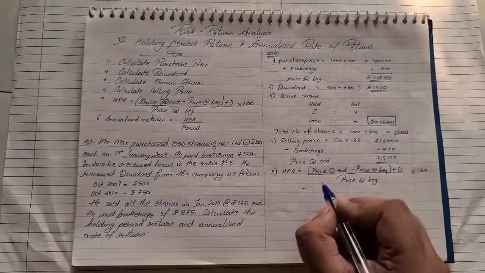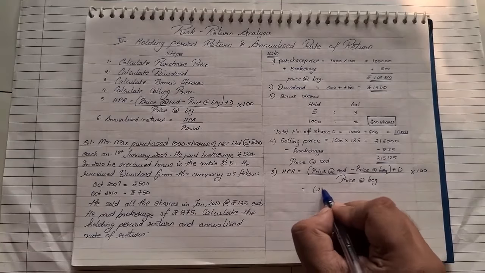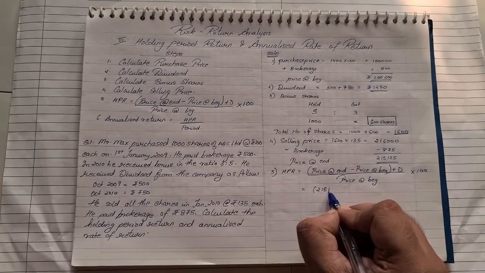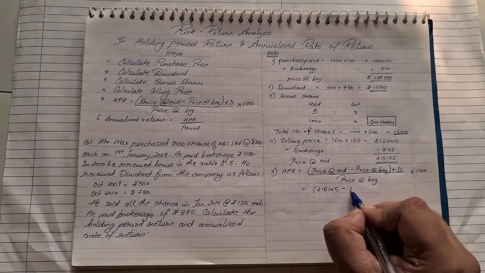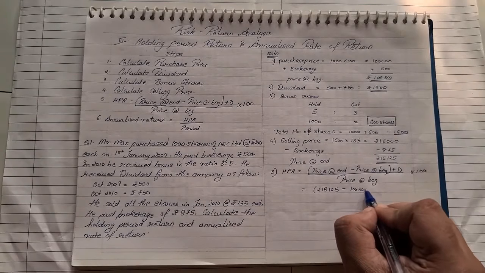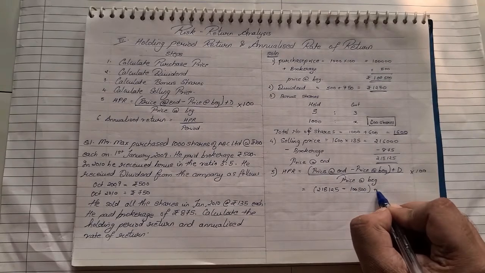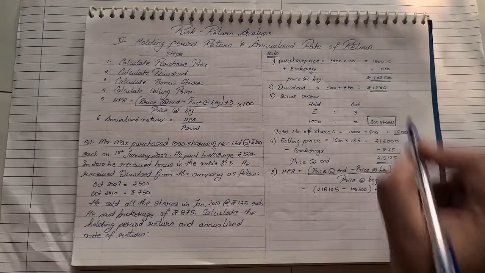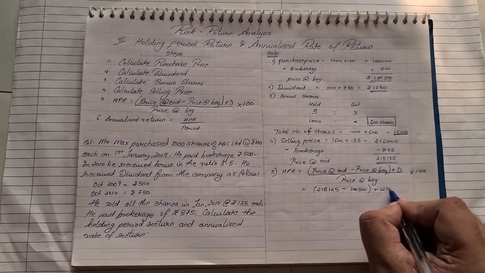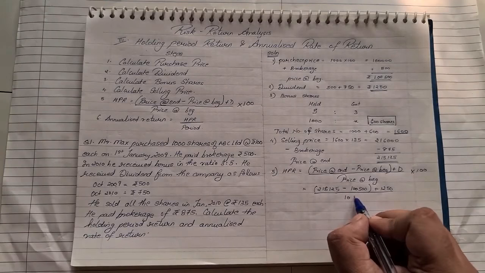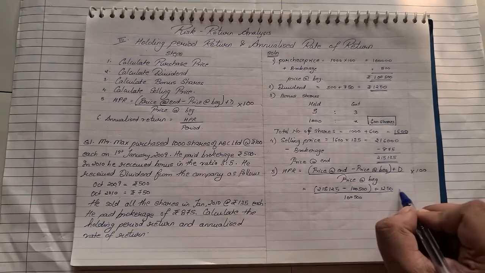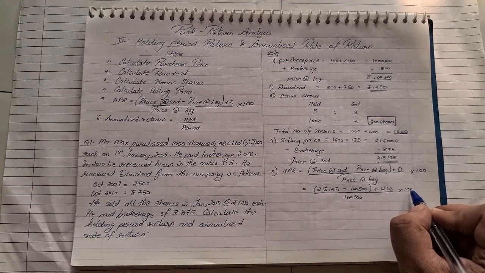So here price at the end was 215,125, that is the selling, minus price at the beginning was 1,05,000, plus dividend was 1250, upon price at the beginning, that was 1,05,000, into 100.